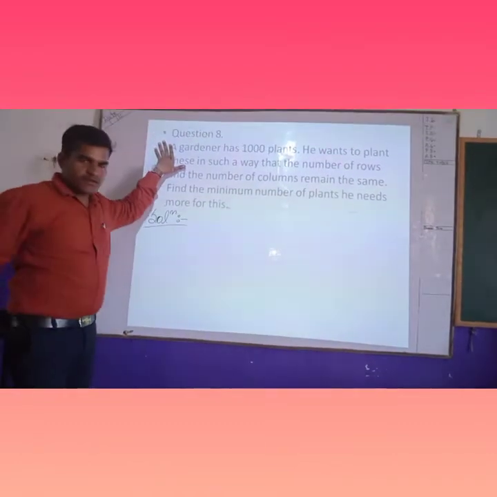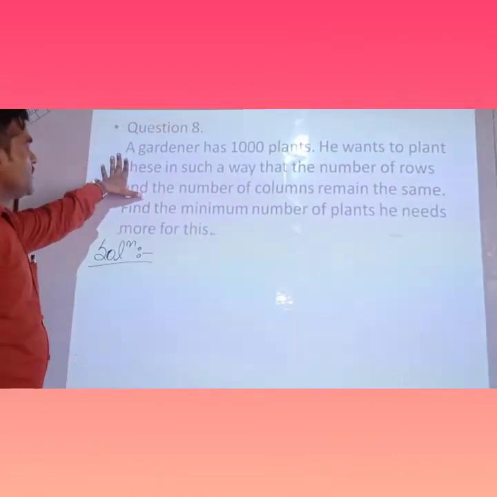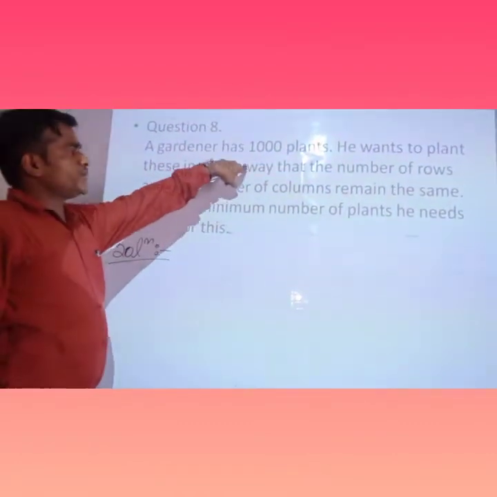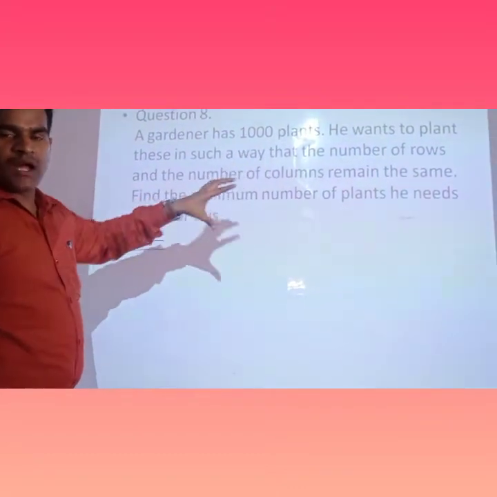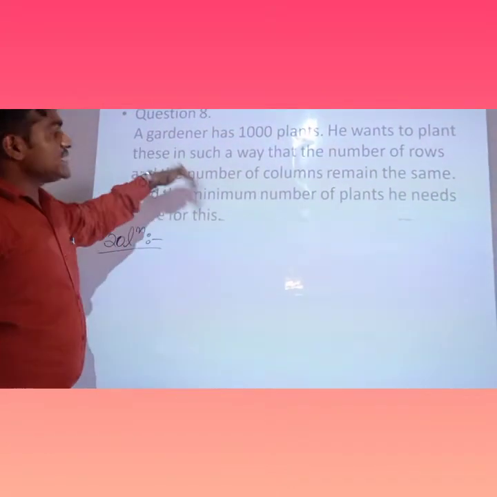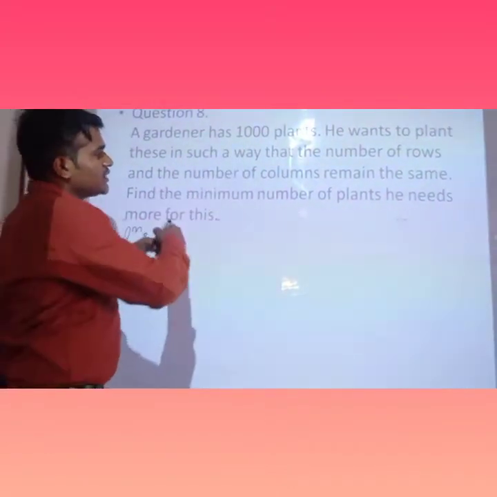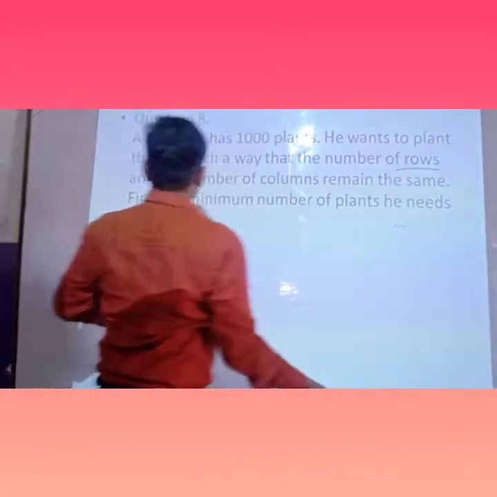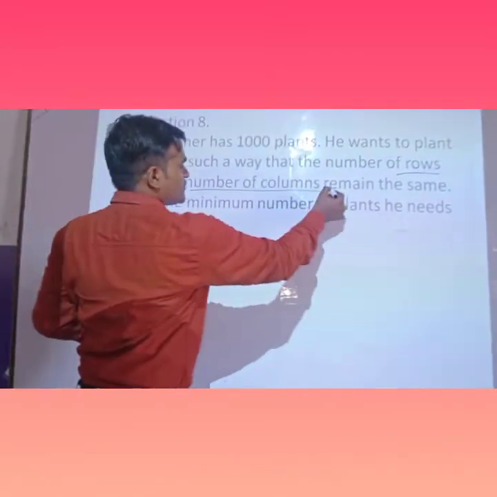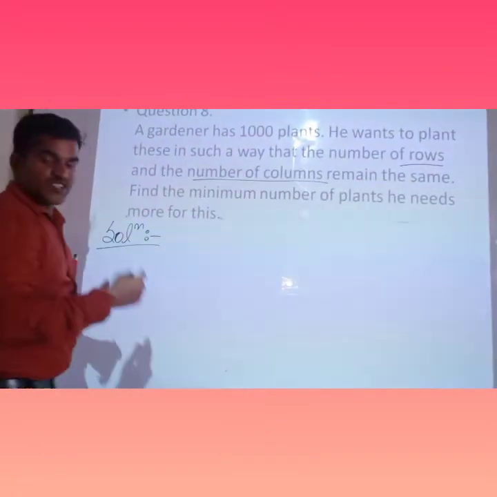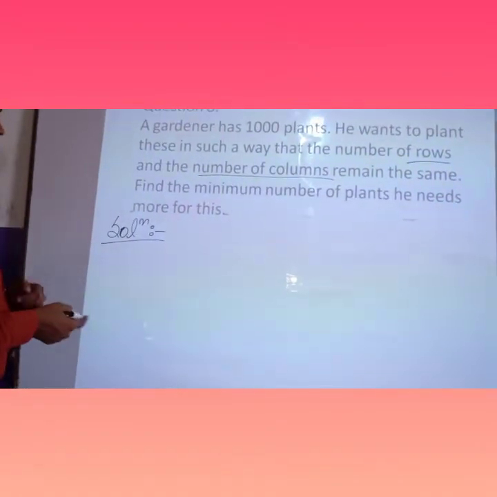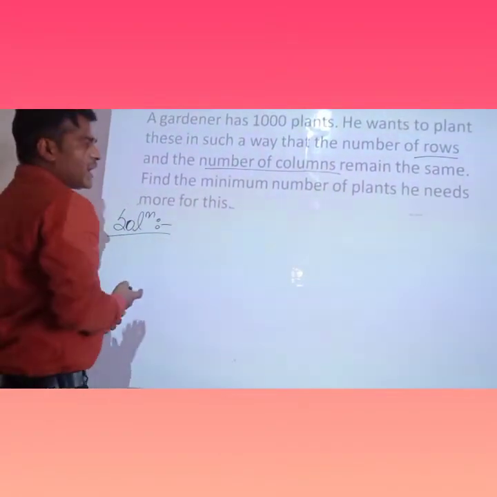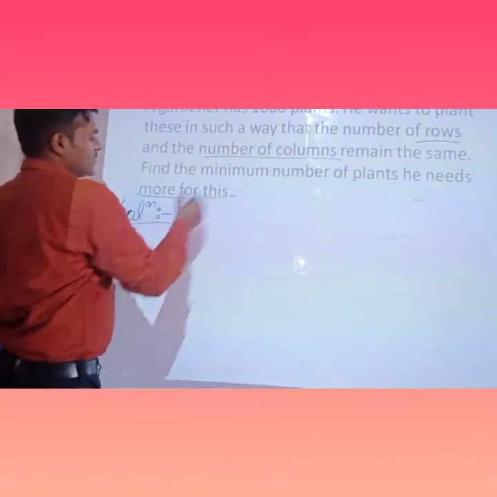Question number 8. It is given there, a gardener has 1,000 plants. He wants to plant these in such a way that the number of rows and the number of columns remain the same, means both are equal. Okay, so find the minimum number of plants he needs more.